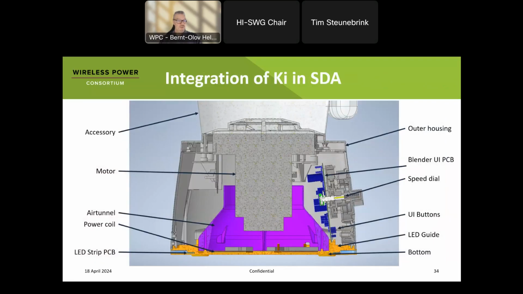So how can the receiver be integrated? Here we have a blender with a motor. It's a gray area, and also we have at the bottom a modified base plate with a coil that is delivering power to the control board with the user interface and some LEDs, could be buzzers, could be a lot more things.